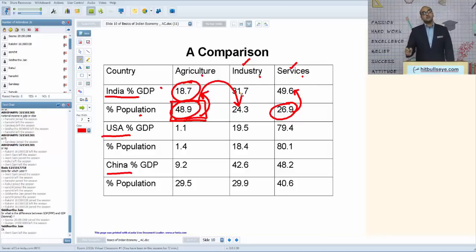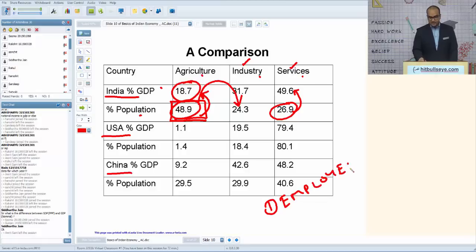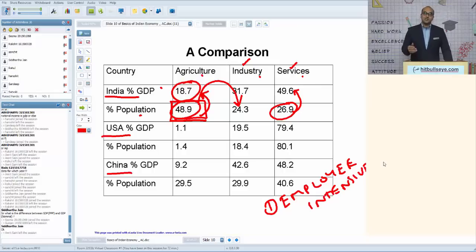Now, another question that you might ask, why only industry and why not services? Well, because industry, or manufacturing sector, is employee intensive. What this means is the manufacturing sector needs all kinds of labor, which are skilled, unskilled or semi-skilled.